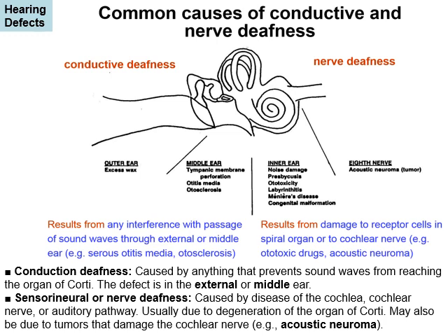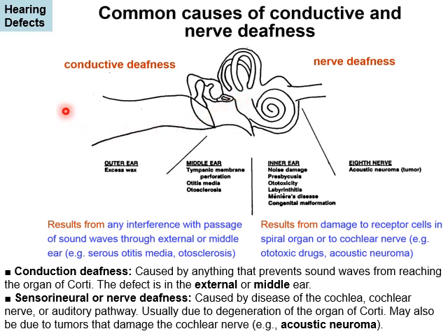This slide shows you the hearing defects, all the types of hearing defects that can occur. There are actually two types of hearing defects: conductive deafness and nerve deafness. The conductive deafness, or conduction deafness, is caused by anything that prevents the sound waves from reaching the organ of Corti.